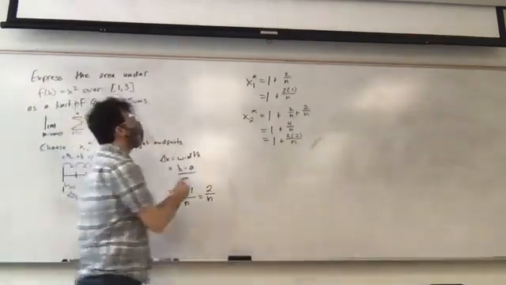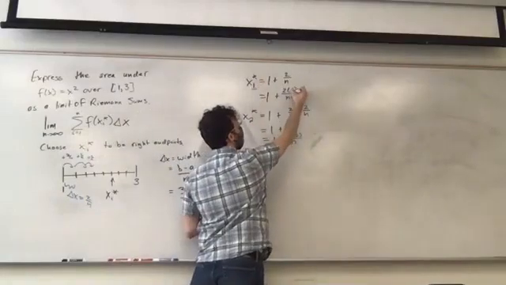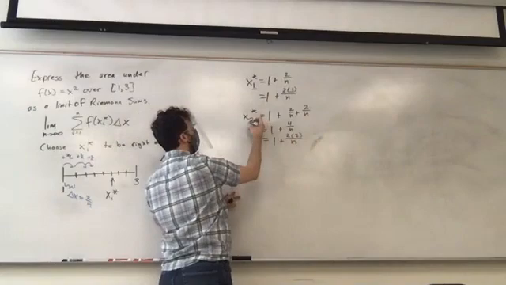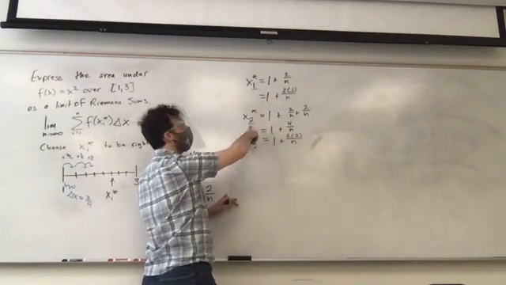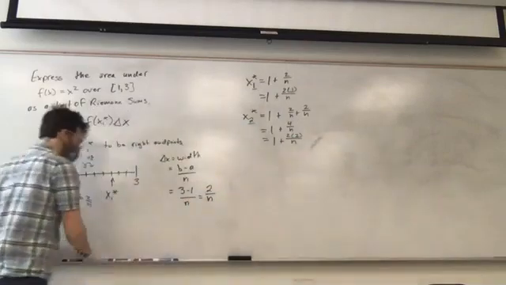With the point being, this 1 telling us which interval we're looking at shows up here in our formula. This 2 saying we're looking at the second interval shows up here in our formula.